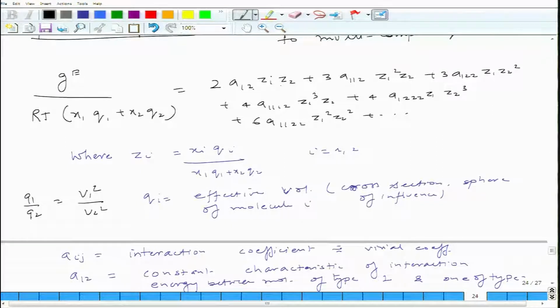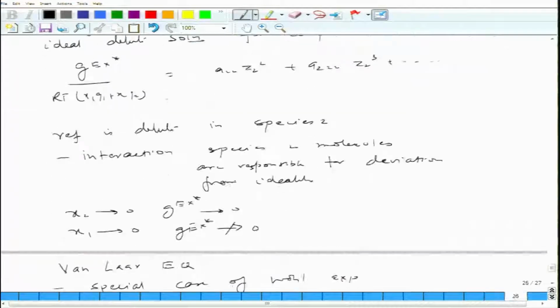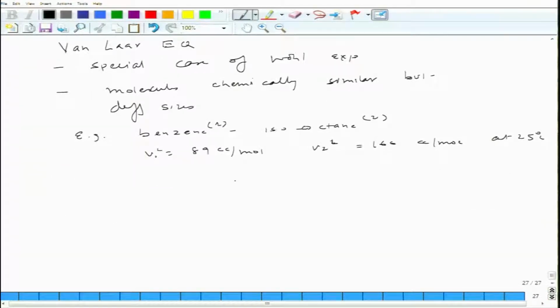So, if you remember this, Zi is equal to Xi Qi divided by X1 Q1 plus X2 Q2. So, let me get there and write it here. What I am trying to say is the following: Gx by RT equals X1 Q1 plus X2 Q2, if I consider only the first term.